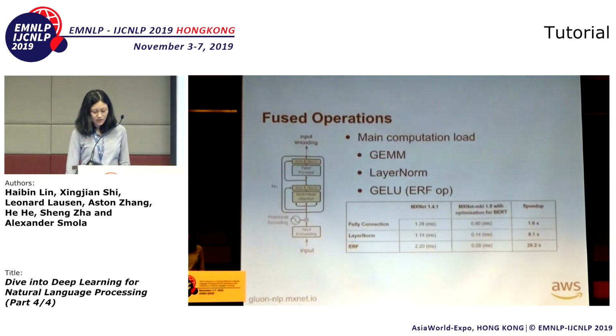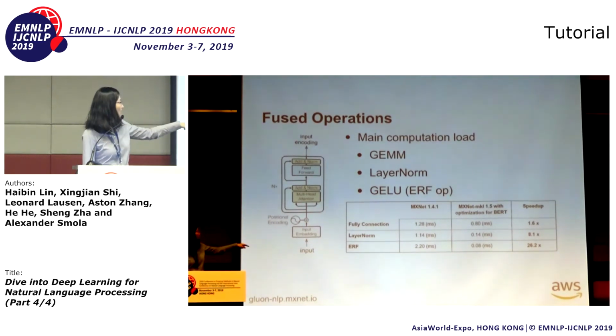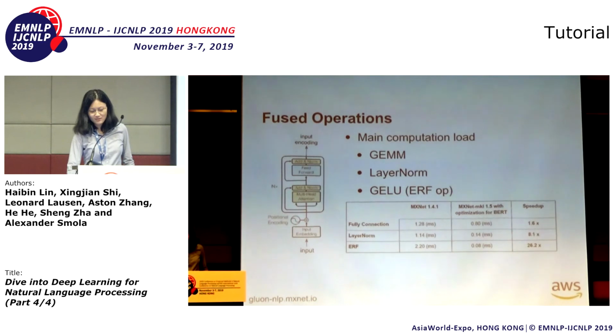Okay, so here are some performance numbers for the BERT model. This is the core component of the transformer, and the main computation is actually spent on matrix multiplication, layer norm, and this GELU activation layer. If we fuse these three operators, we can get about 8 times speed up for these operations.